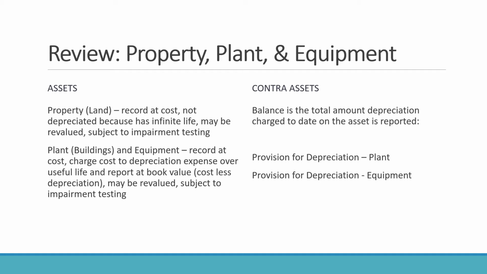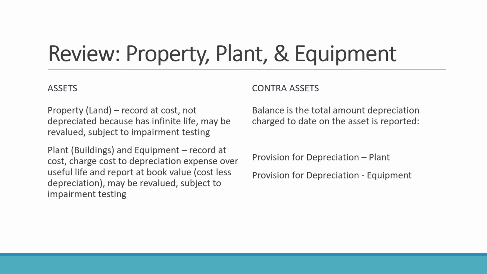So we'll have the plant account, and then we'll have a provision for depreciation for the plant account, and then the same for equipment. We'll have the equipment account, and then we're going to have a provision for depreciation for the equipment. And essentially what's in those accounts is all of the depreciation charged to date on that asset.